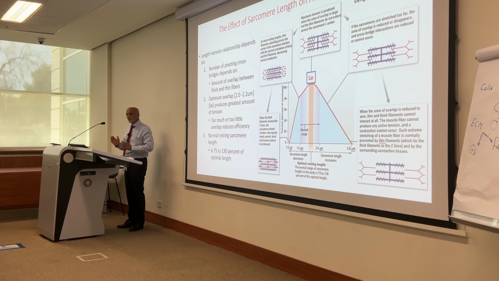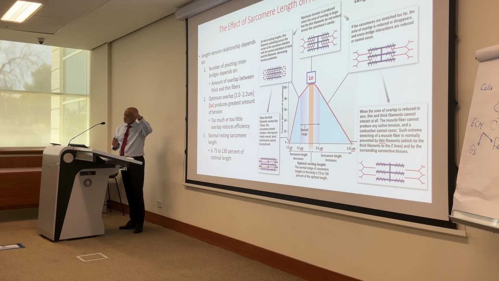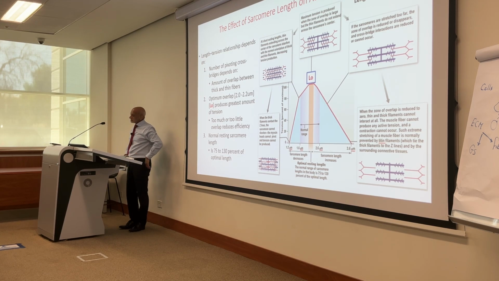If you keep the muscle at that optimal length, that LO, or a little bit below and a little bit after, at the bottom it says about 75%, which is a little bit below, and about 130%, that will give you your greatest amount of force because you have the greatest possible overlap between actin and myosin. Does that diagram make sense? So that's at the level of the sarcomere now.